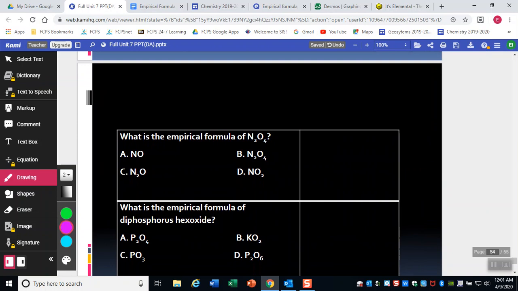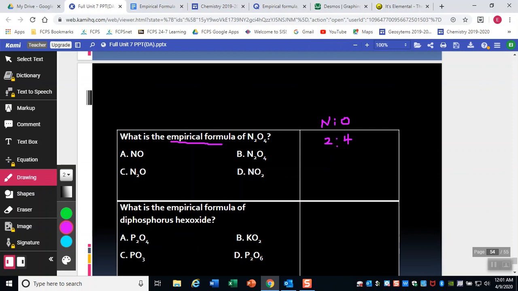So here we go. What is the empirical formula? So we want the reduced ratio. So I've got 2 to 4. They're both even, so I can divide both of them by 2, right? My original ratio of nitrogen to oxygen is 2 to 4.